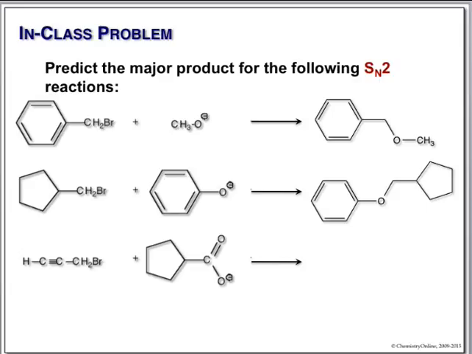Well, this is the triple bond version of an allylic center. You will learn when you do conjugated systems that allylic centers such as this, same thing with benzylic, are very reactive towards SN2 reactions because the orbitals just line up very nicely.